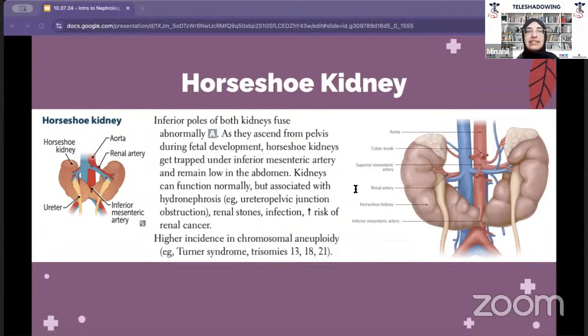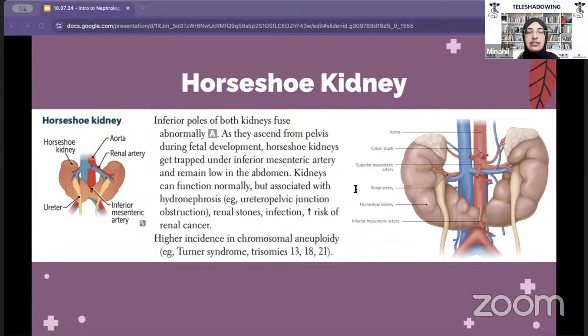Hydronephrosis is the swelling of the kidney due to a buildup of urine. In a normal kidney, the urine moves efficiently through the ureter into the bladder. However, in a horseshoe kidney, you might see things like a uretero-pelvic junction obstruction. Basically, it's a point where the kidney meets the ureter and it's blocked, and that causes backup.